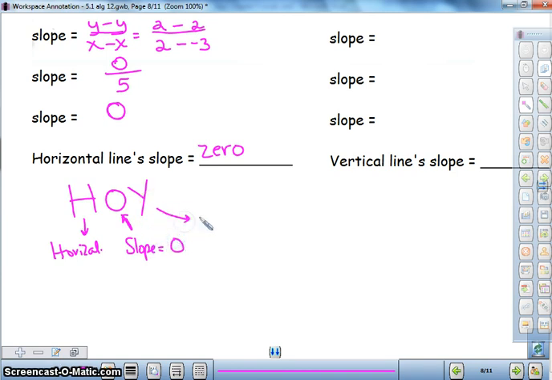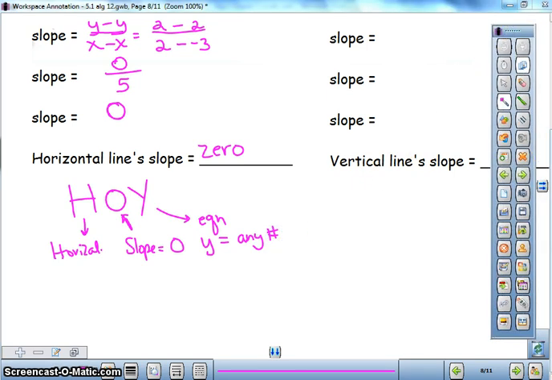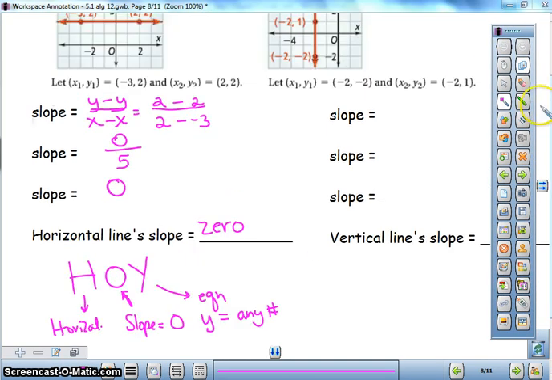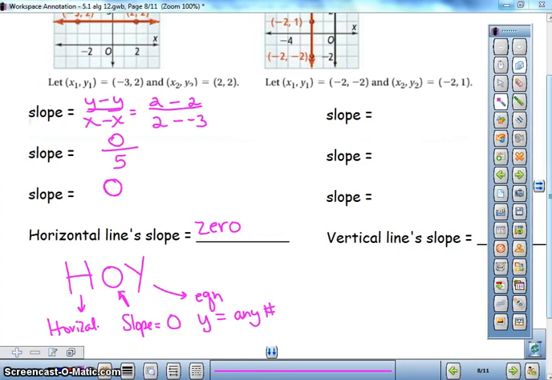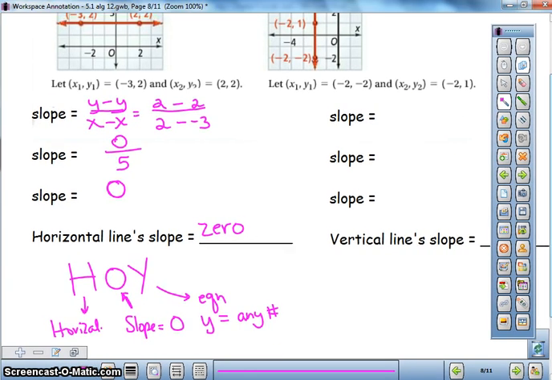What about the Y? Our equation for our line, if it's horizontal, is always y equals any number. So as we start graphing, you're going to notice some of these. If we're looking at our points, how do they look and how can we relate them to each other?